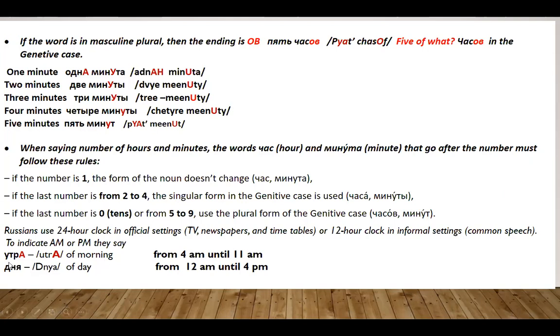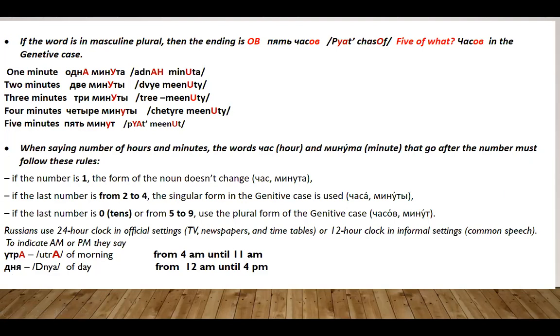For example, утра, of the morning, used from approximately 4 a.m. until 11 a.m. That's the morning. After that, it's дня, of the day, from 12 until 4 p.m. After that, that will be evening, вечера. So from 4 a.m. until 11, it's considered to be morning.